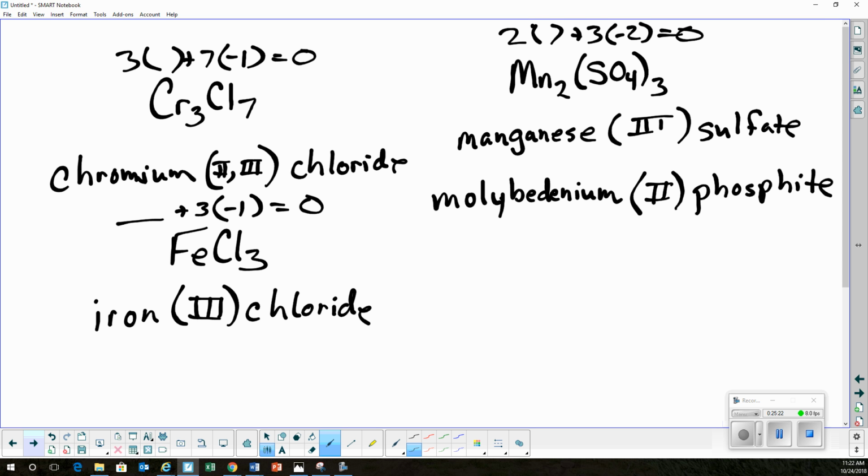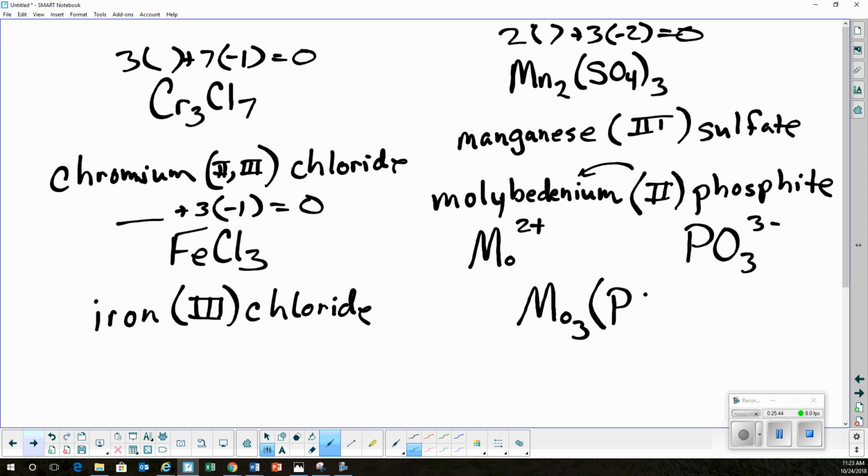Okay, so molybdenum you should have written a capital M, small o. Phosphite was PO3, has a 3 minus charge. This one had a 2 plus charge. Common factor is 6, so you should have put molybdenum as having needed 3, parentheses around the PO3 with a 2 on the outside.